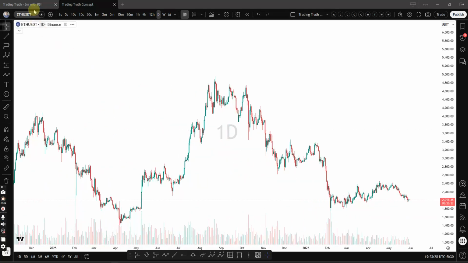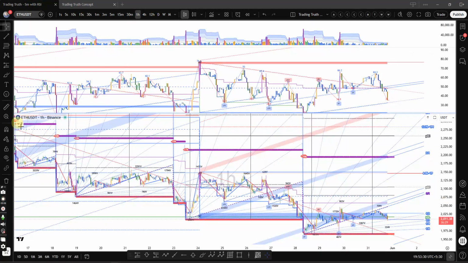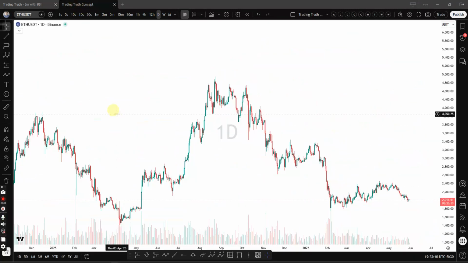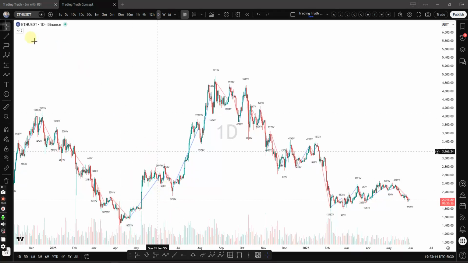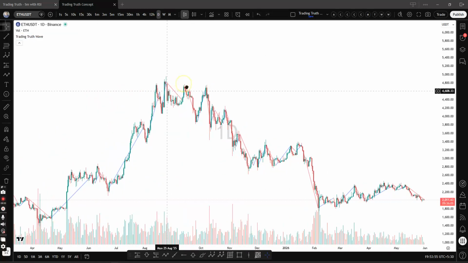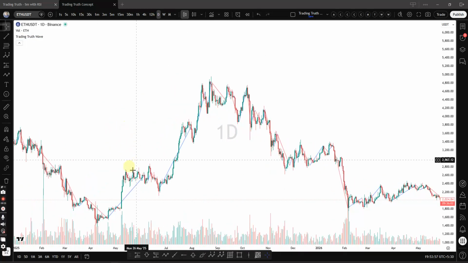Now what I'm going to do is take this and first add the wave. That wave is what gives us this structure. As soon as I add that, you would see, let me disable this one. Now you see 1, 2, 3, 4, 5.